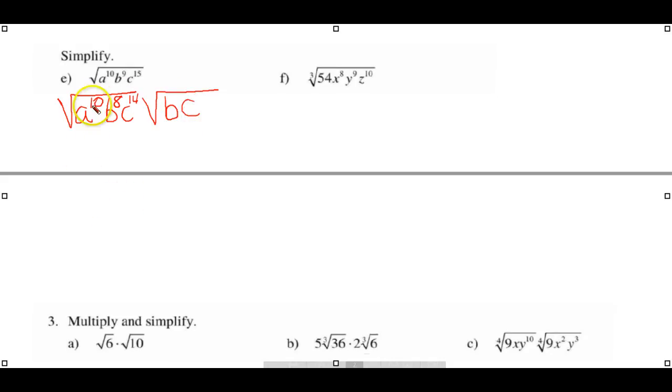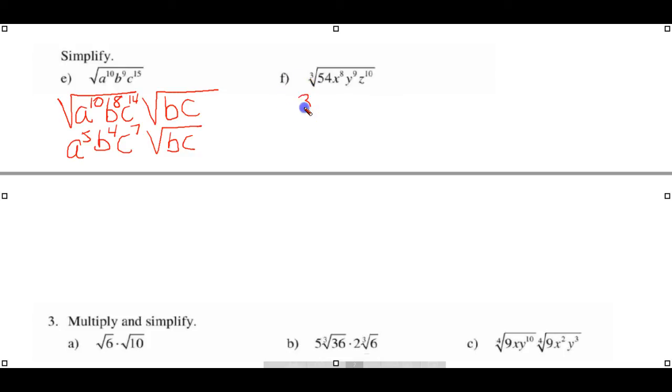Now, in each of these, we're just going to divide by 2. So this would be a to the 5th, b to the 4th, c to the 7th, dividing each of these by 2, and this is BC. All right, let's go on to letter F.